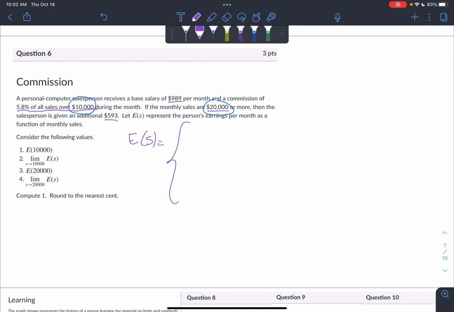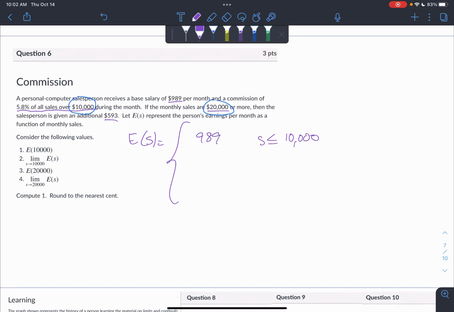So if S is less than or equal to 10,000, then they get the flat base salary of $989.